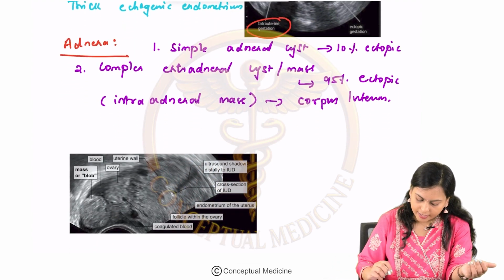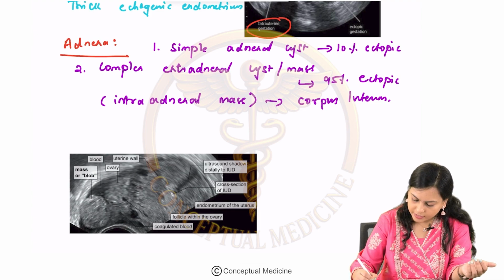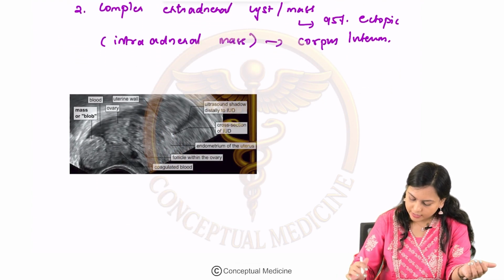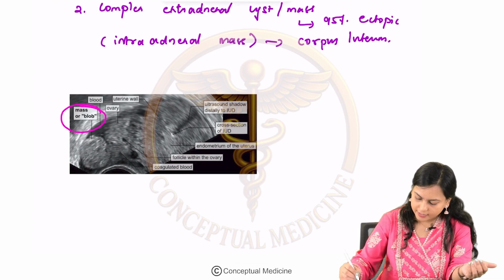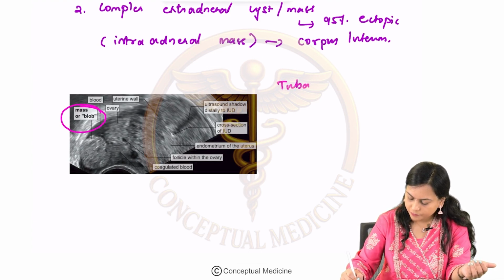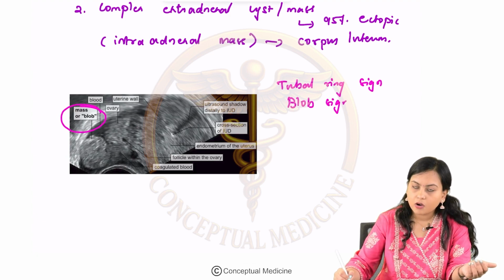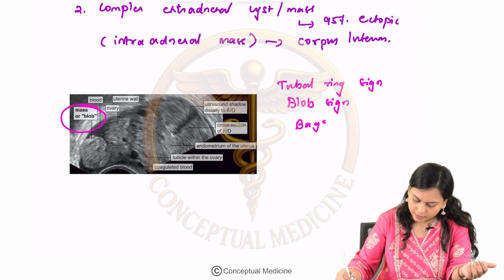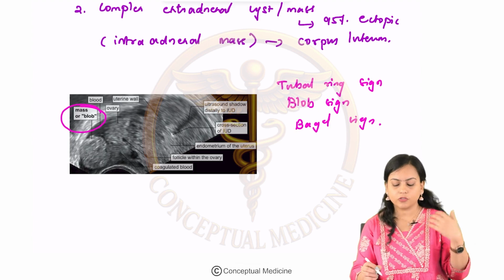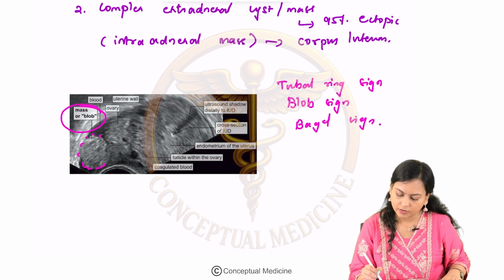Have I made it clear? Yes. The next one is a sign called the tubal ring sign, or the blob sign, or the bagel sign. What happens is there is an echogenic ring. Can you see this?